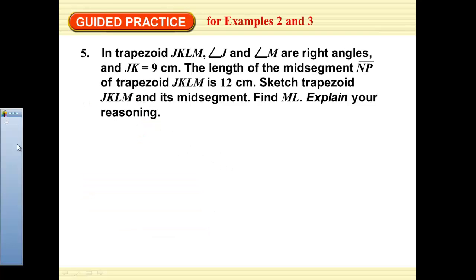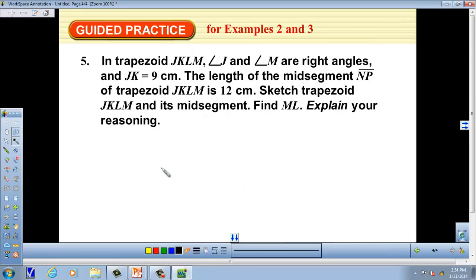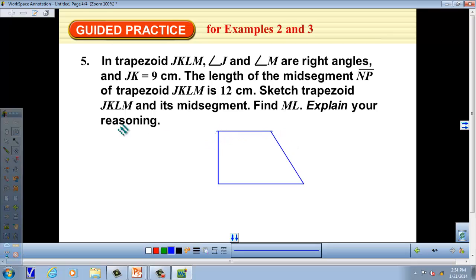And for this one, we've got to draw a picture. So I'm going to draw J and M being right angles, and it's got to be a trapezoid. So it'll look something like that with a midsegment. J and M are right angles.